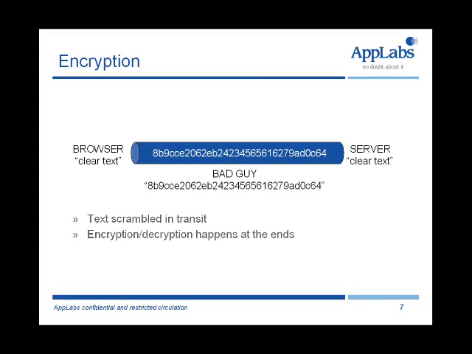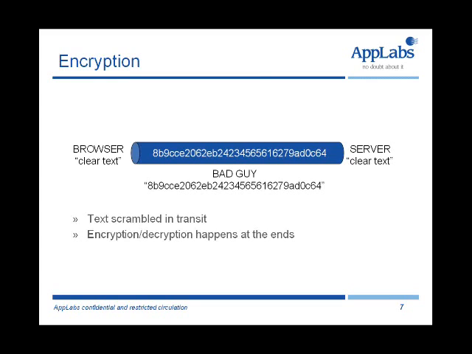A web application works in the same way, only we're using browsers and servers to do the encryption and decryption on both ends of the communications link. So when I log into my banking application, I hope that my username and password are sent in an encrypted format to the web server.